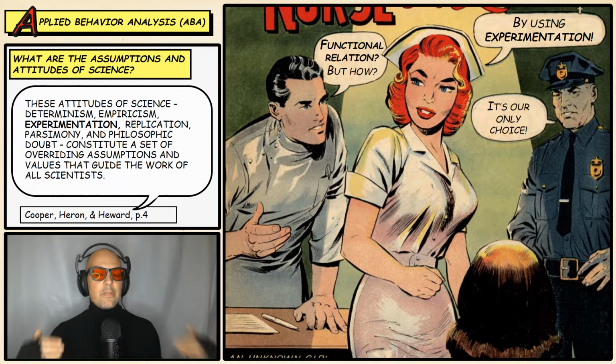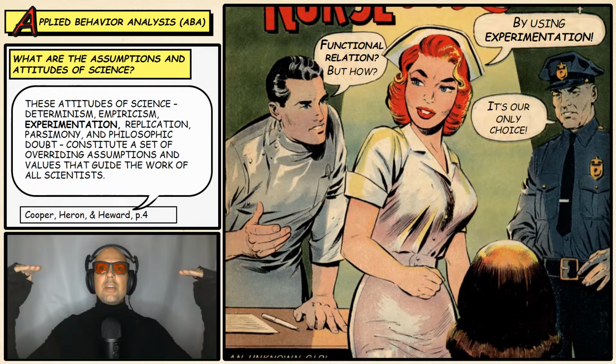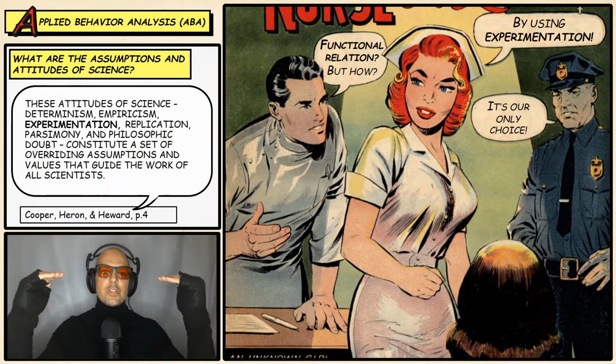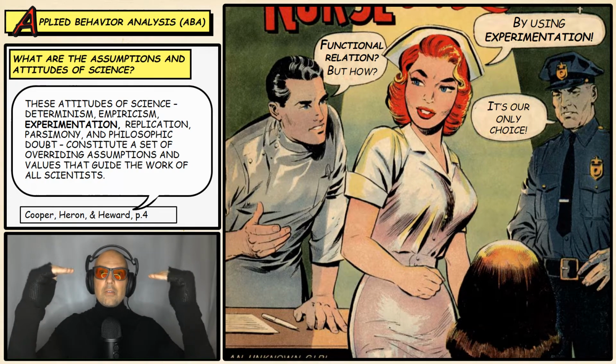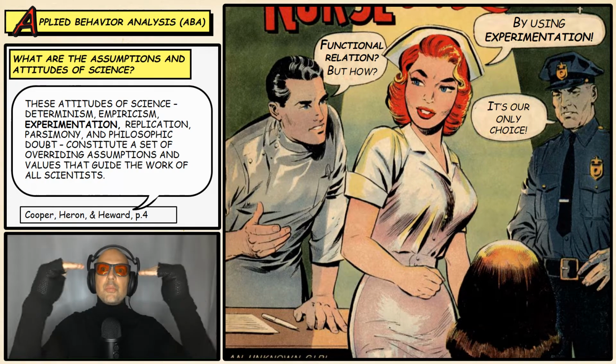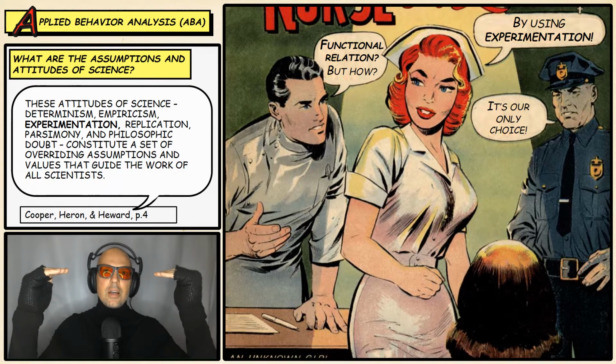So in one way, functional analysis is the demonstration of those functional relations. And the other sense of the term is that functional analysis is the discovery of those relations between environmental variables and behaviors.